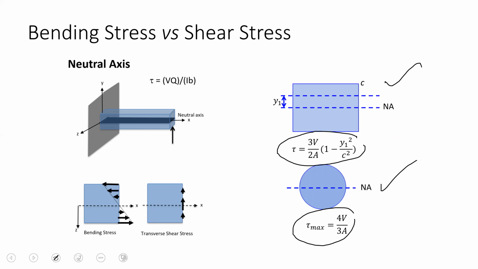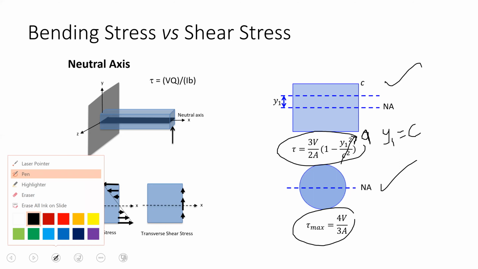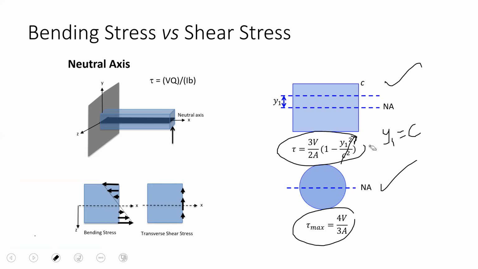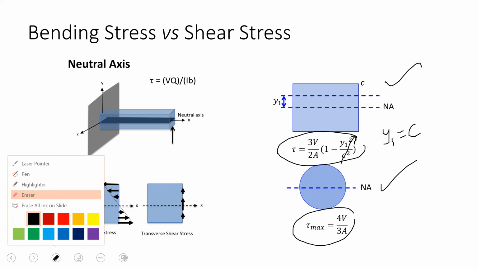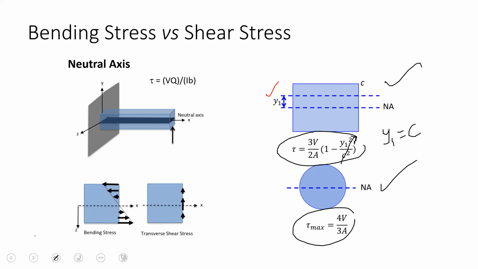If you look at this, when y1 equals c, c square over c square will be 1, sorry, not 0, it will be 1. So 1 minus 1 will be 0, resultingly tau will be 0.